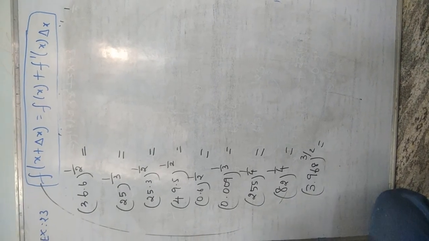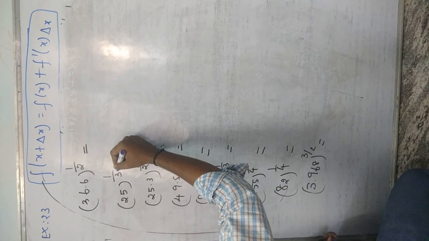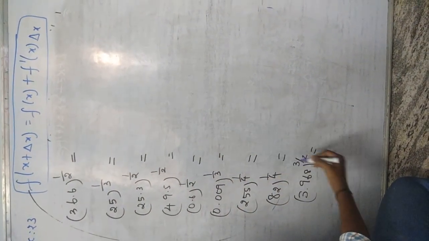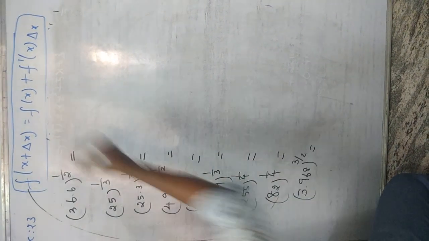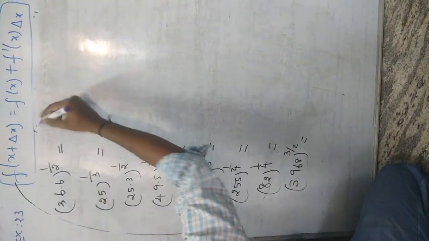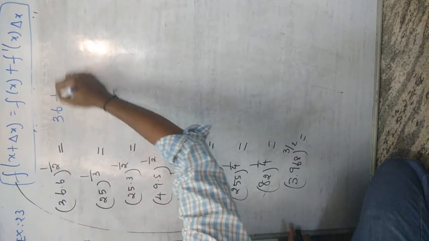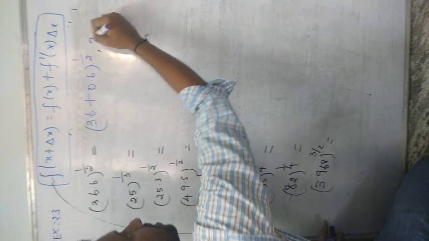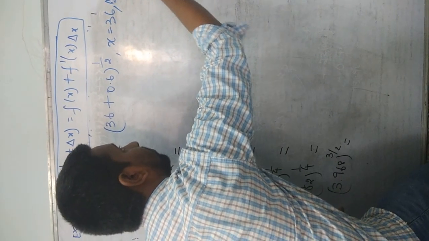So these are the basics, one more time, the second time I'm teaching. First decide what the power is: power 1 by 2 is square root, 1 by 3 is cube root, 1 by 4 is fourth root. Look only at the denominator. So square root: 36.6 can be written as square root, and 36 has an easy square root, not 0.6. So x equal to 36, delta x equal to 0.6.